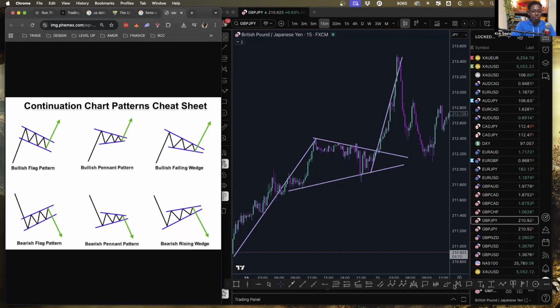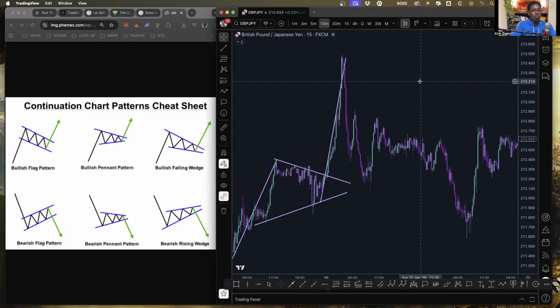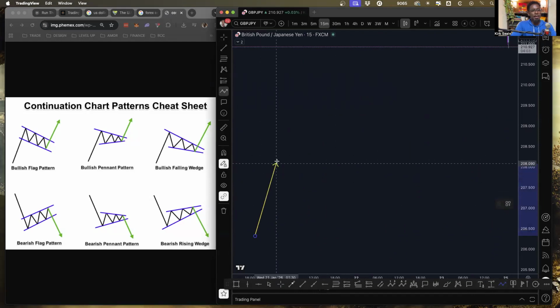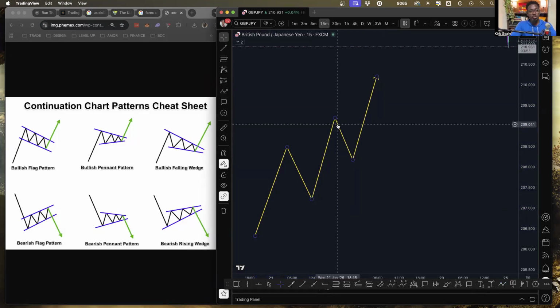All right. Now, let me just stop here a second so we can draw this without all these candlesticks in the way. So with the pennant, remember I mentioned with the pattern, if you have a trend, it's going to be a series of higher highs and higher lows.